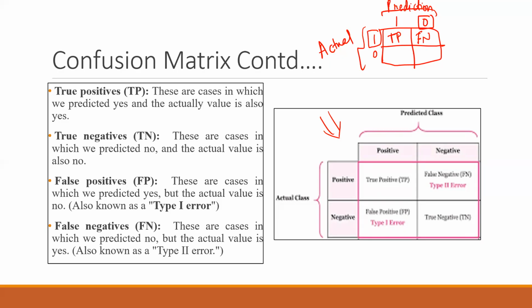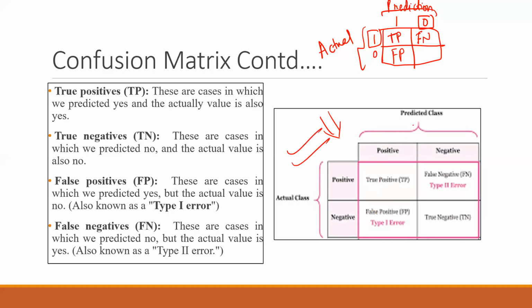You are forcefully calling a positive number negative, that's why it is called false negative. Now similarly, if the actual value was 0 and you are calling it 1, it is false positive, because it is being called positive, but it is false to say it is positive. So it is FP, and all of these things have been written in this diagram.